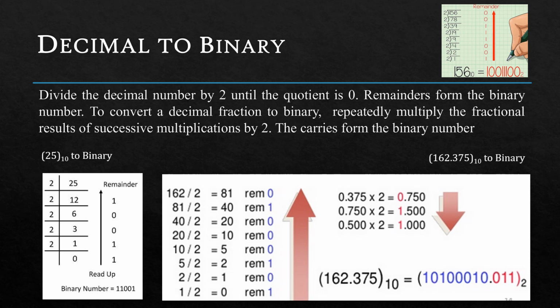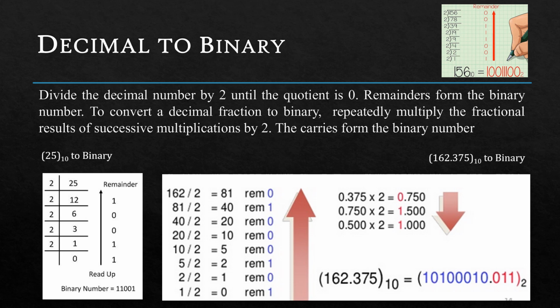We take the fractional part 0.500 and multiply it again by 2, getting 1.000. Now we end up with 000, so we cannot continue the multiplication. Here we read from top to bottom, so we get the value 0.011.